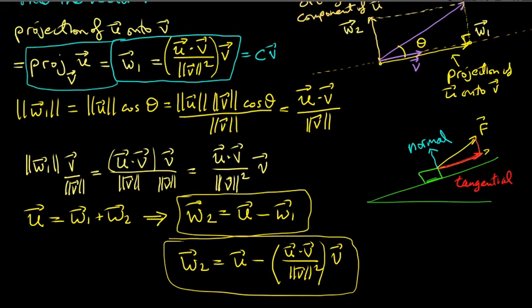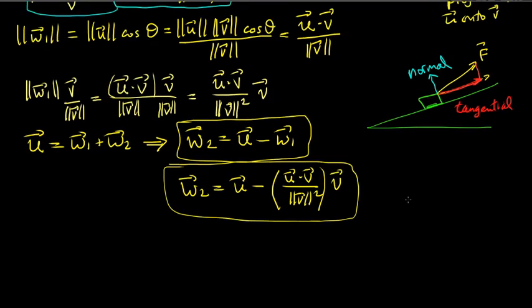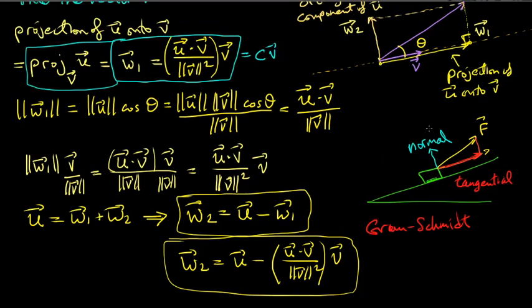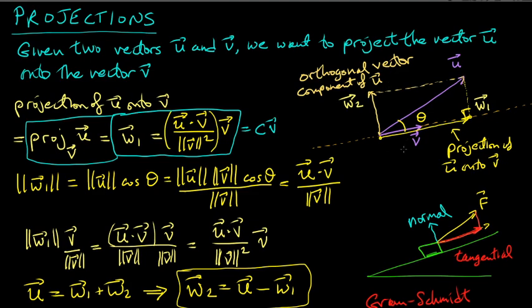W1 is all this stuff up here, right? Anyways, oh, I didn't mean to erase that. So for those of you that have had linear algebra, you probably recognize this process. This is sort of just the very beginning of the Gram-Schmidt process to essentially find a set of orthonormal vectors.